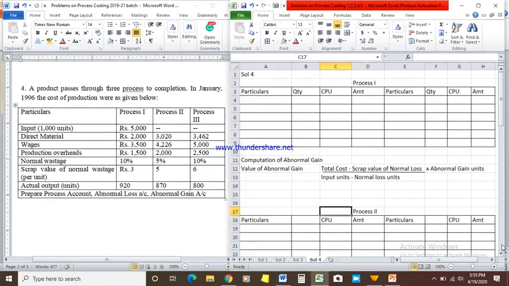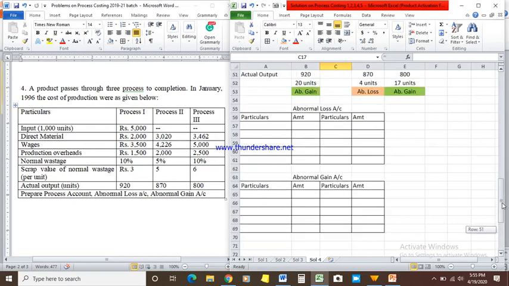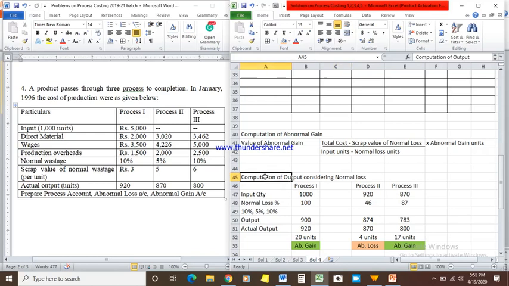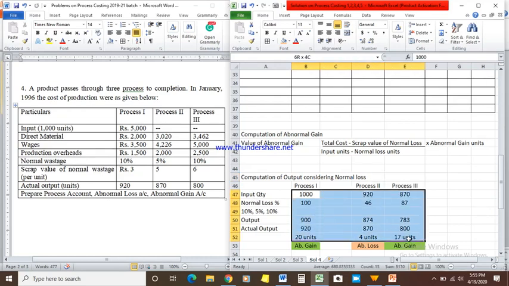So I'll first put the working note. This is the first working note which I have prepared here. It's the computation of normal output considering the normal loss. Now this whole calculation, I am just going to show you once again.